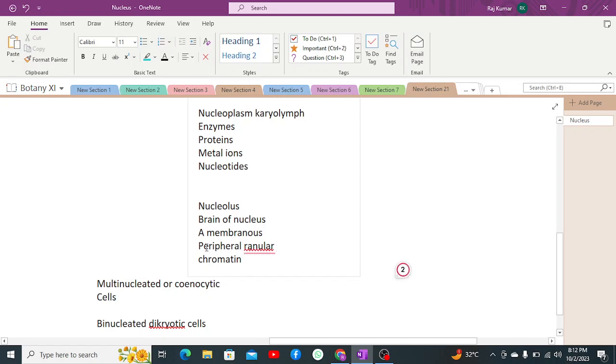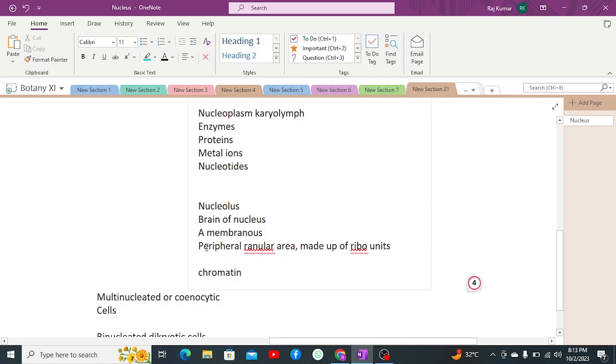It consists of a peripheral granular area, which is made up of ribosomal units.